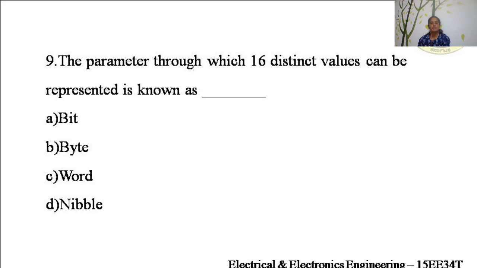Next, the parameter through which 16 distinct values can be represented is known as A, bit, B, byte, C, word, D, nibble. So the answer is C, word.